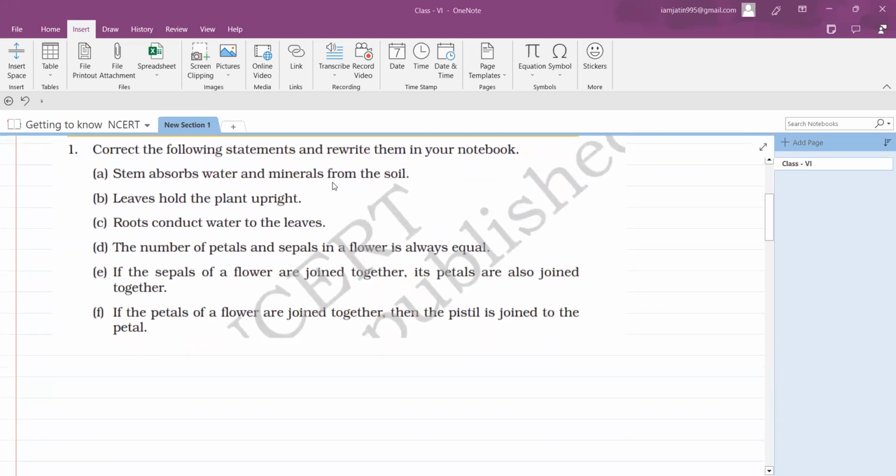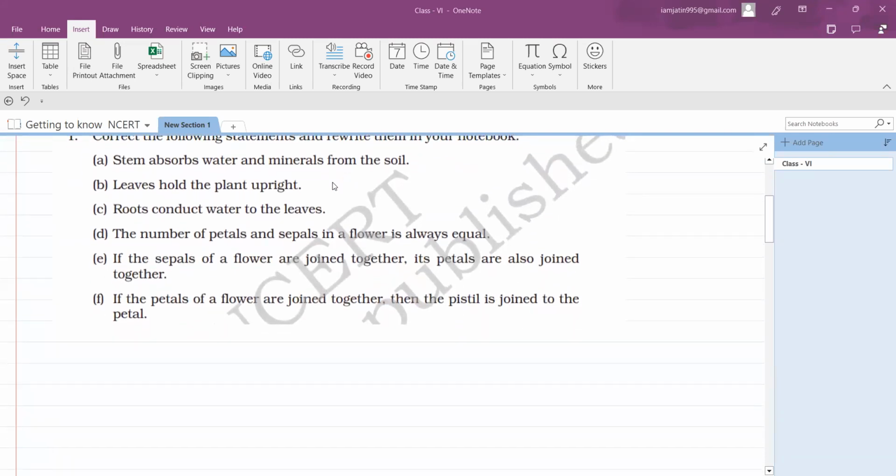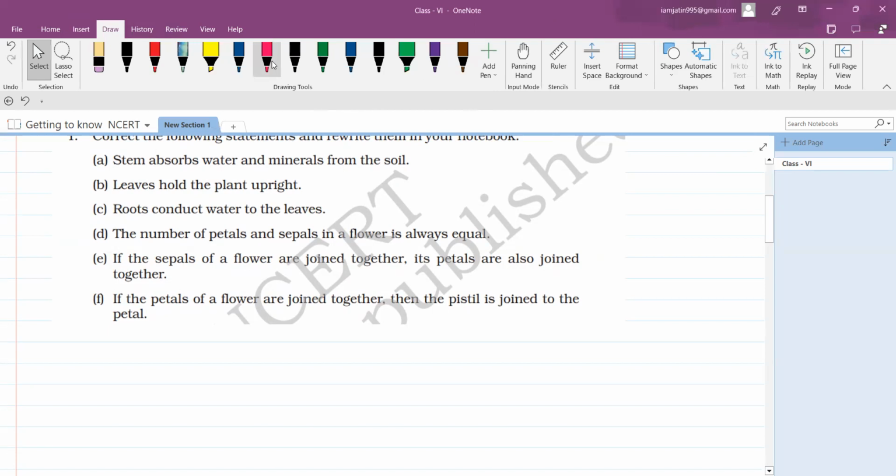The A part is: a stem absorbs the water and minerals from the soil. It's incorrect. The roots absorb water and minerals from the soil. So let us write down the first correct statement.